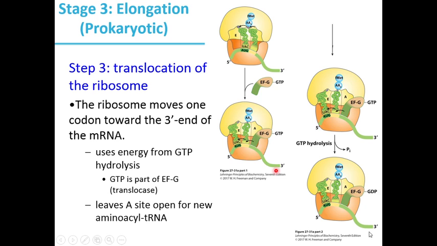The uncharged tRNA later dissociates from the E site. So this is an uncharged tRNA that is sitting in this site, and this gets dissociated from the site as a result of GTP hydrolysis.